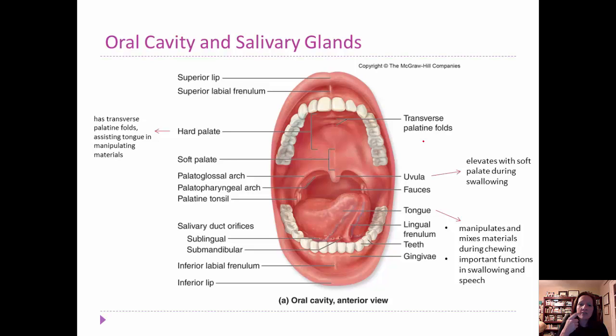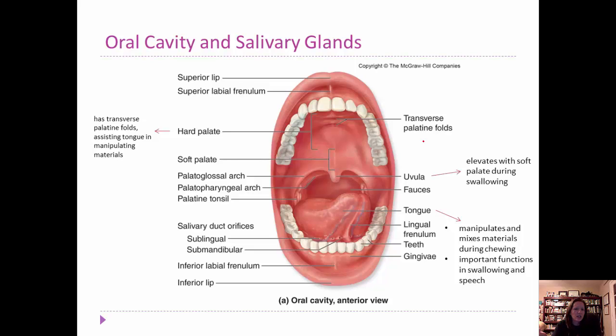And then you're going to have one, if you lift up your tongue, that big long one is called the lingual frenulum. That lingual frenulum is actually super thick when we are born, and it's going to start to recede as we get older. It's thicker in fetal development, and then it thins out.